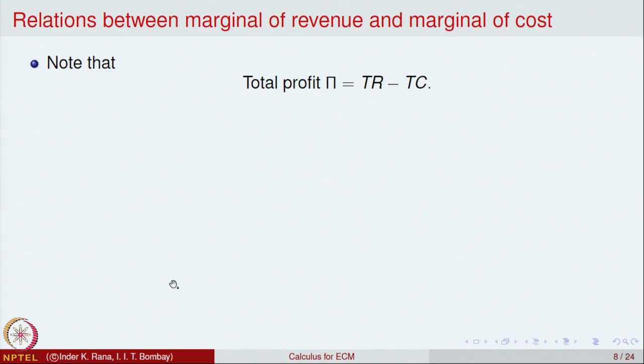Let us do a similar analysis for the profit function. The total profit function pi is defined as the total revenue minus the total cost.